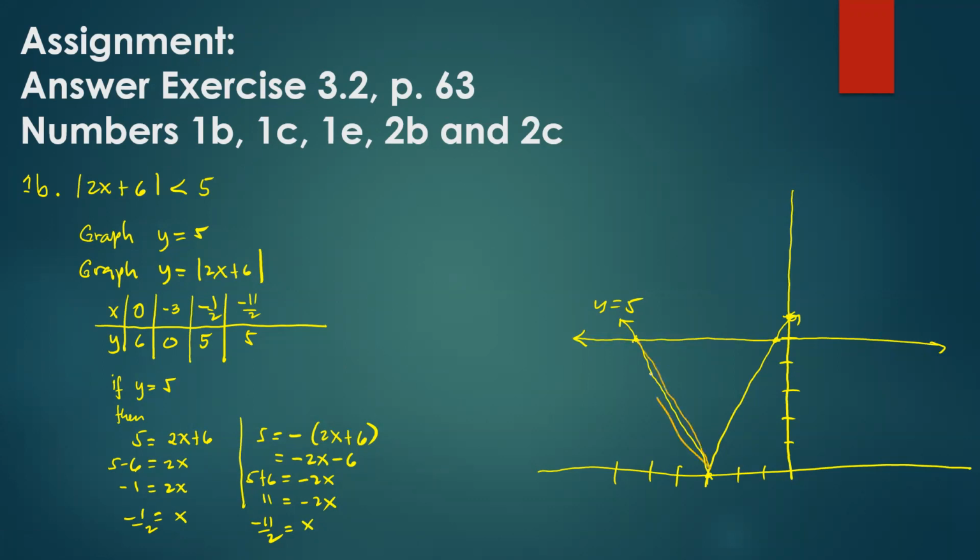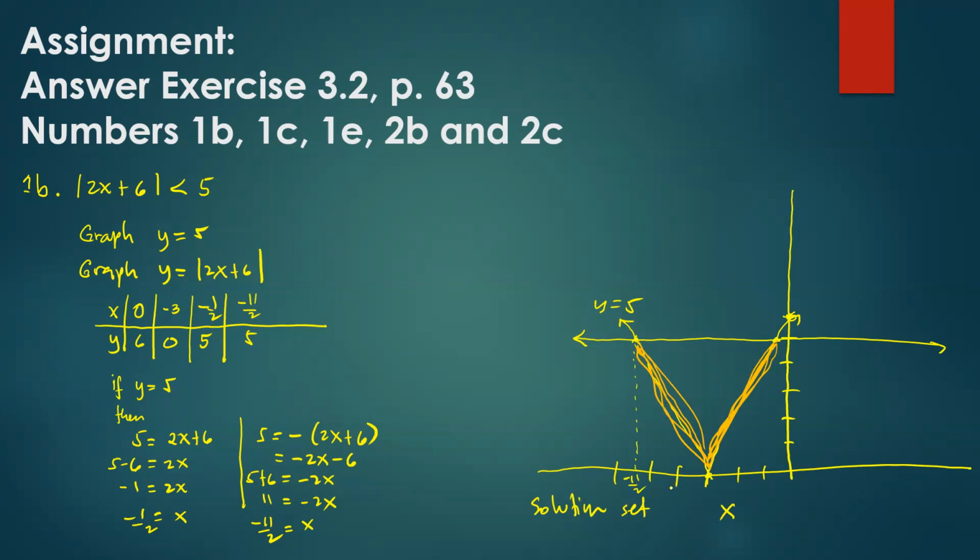Right? So this is the part of the graph where our solution lies. Okay, so therefore, our solution set is, the value of x here is negative 11/2, right?